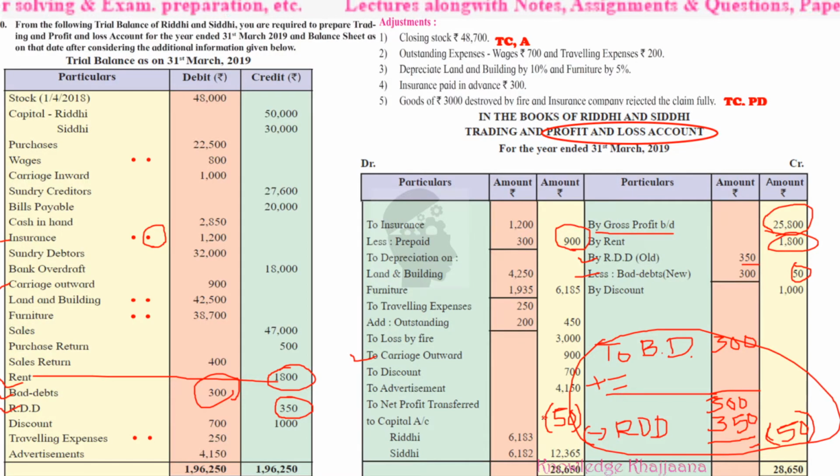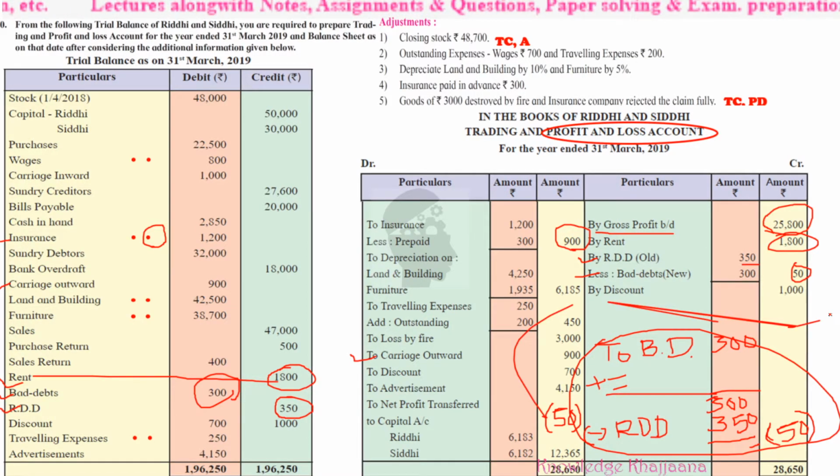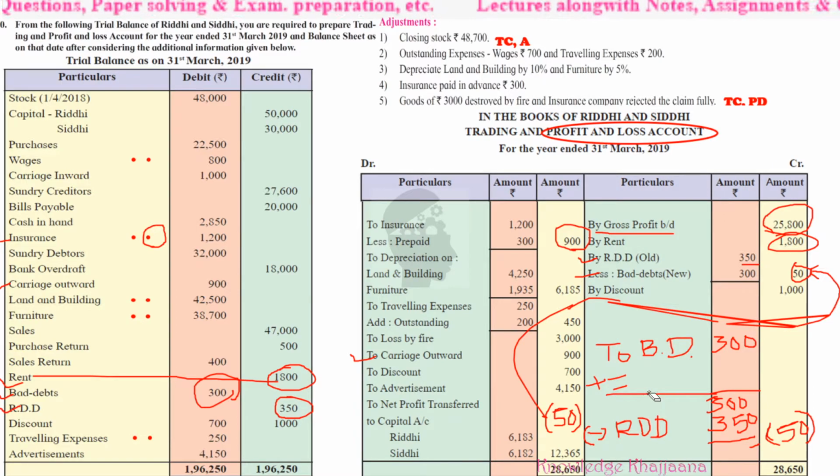Otherwise, instead of that, you can write it on the plus side, on the opposite side, that is the credit side. Either way it is the same. So in this way they have recorded RDD and bad debts.